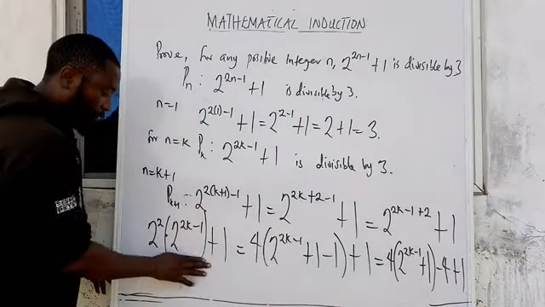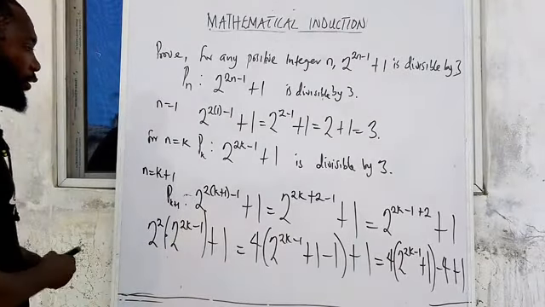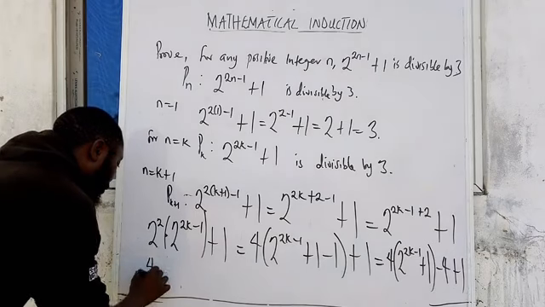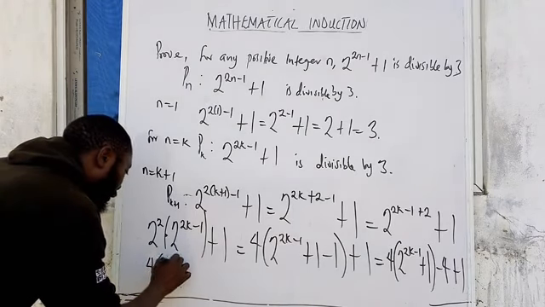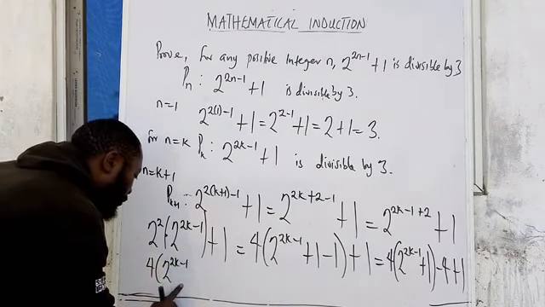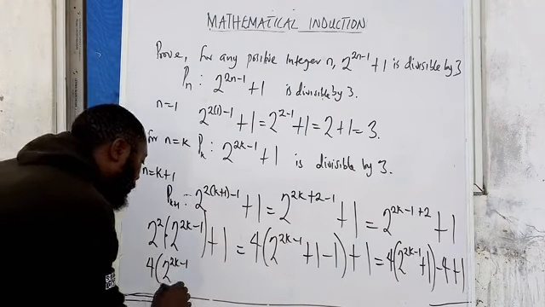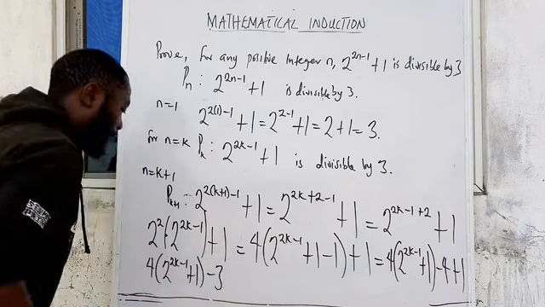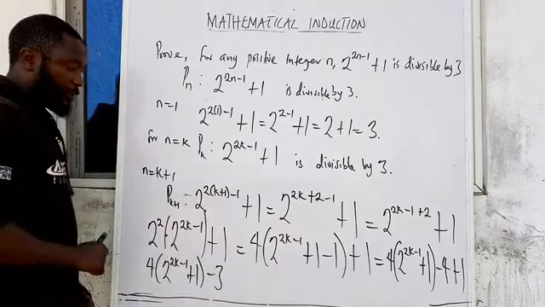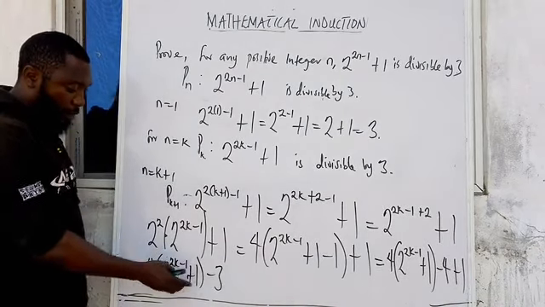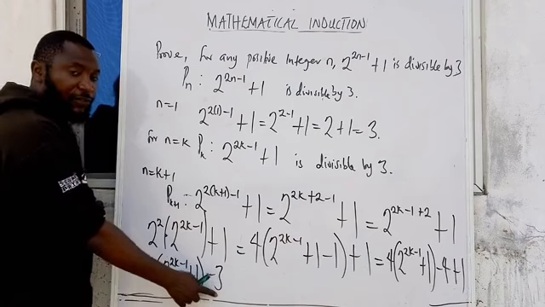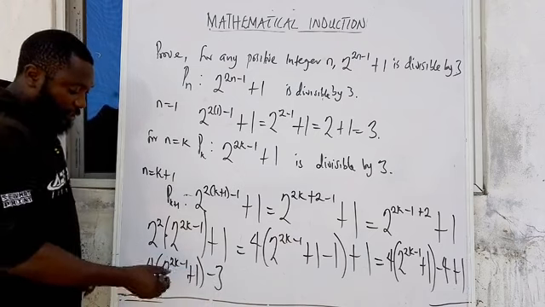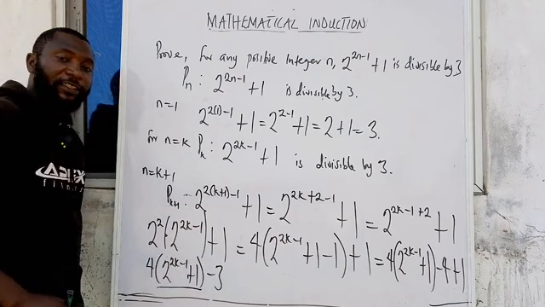You know that? So now from here we have a 4, open bracket, 2 raised to the power of 2k minus 1 plus 1, then minus 3. Now, this is what we have when n equals k plus 1. Minus 3 is divisible by 3. This itself is divisible by 3.